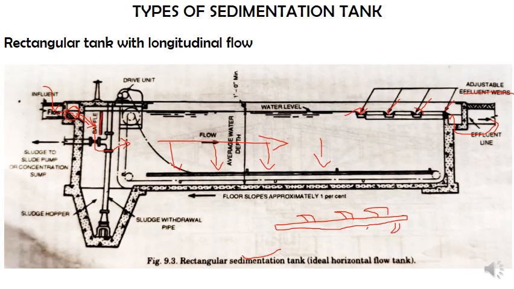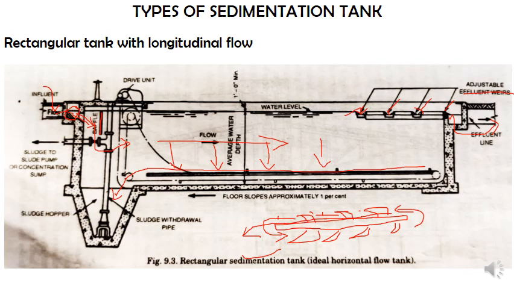Based on this motor it will be rotating. So what these will do is, whatever particles are settling down, these will scrape all those particles and dump them in one place. So through these scrapers all the settled particles will be taken out and get to this hopper.